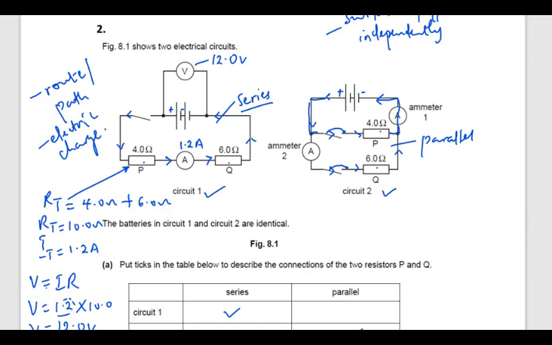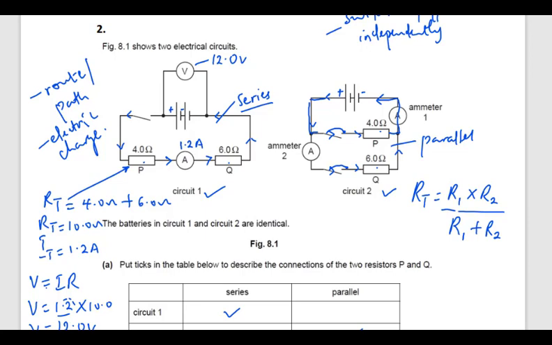Now, because this is a parallel connection, the combined resistance is given by the formula: R total combined equals the product of the two resistances that we have divided by the sum of the two resistances.